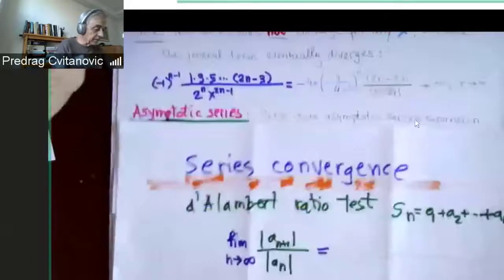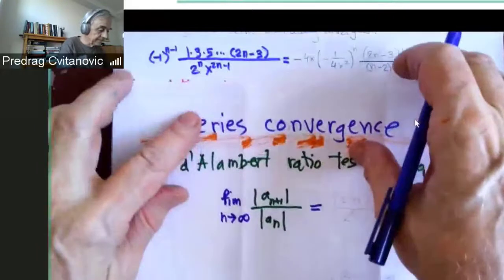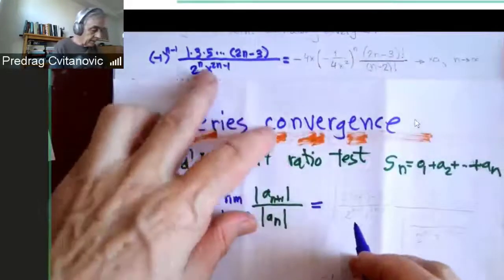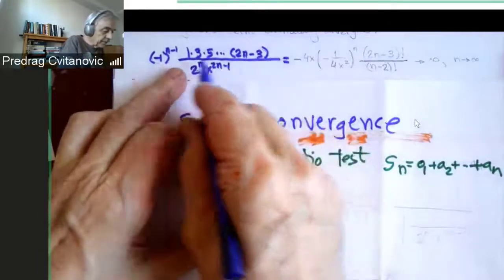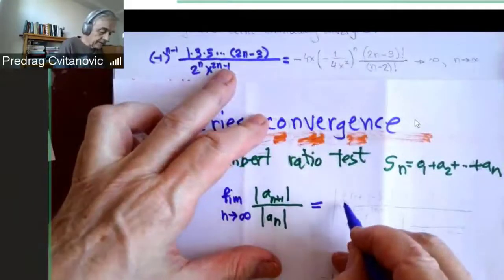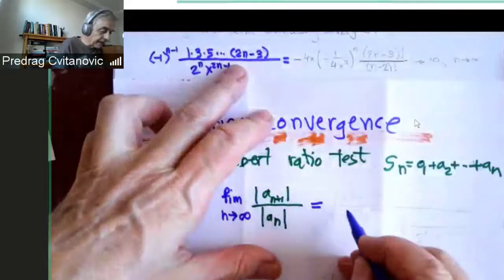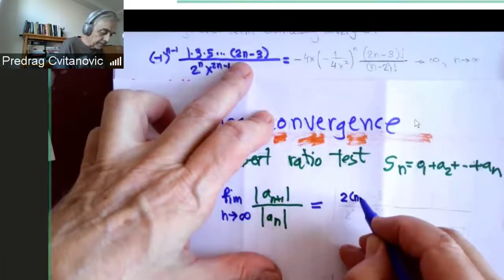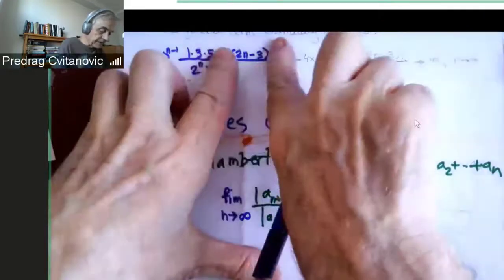In our particular case right here, the next term has all these integers plus one more. So when you take a ratio, everybody's going to cancel except the extra terms. So I have to look at 2n plus 1 minus 3. That's the last term here.